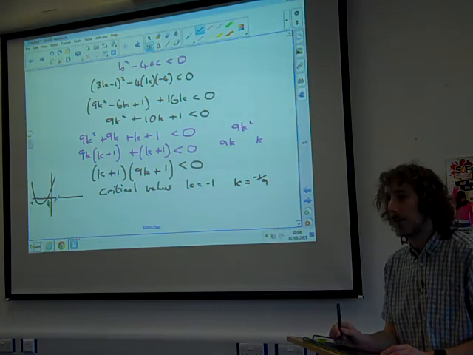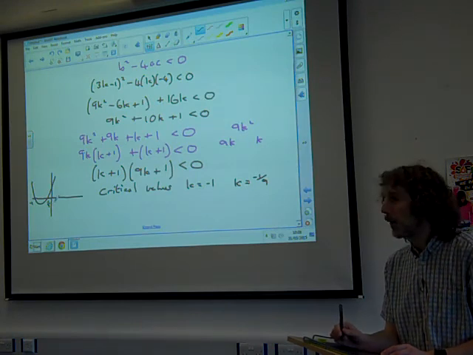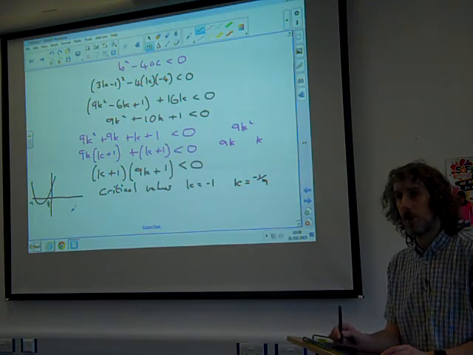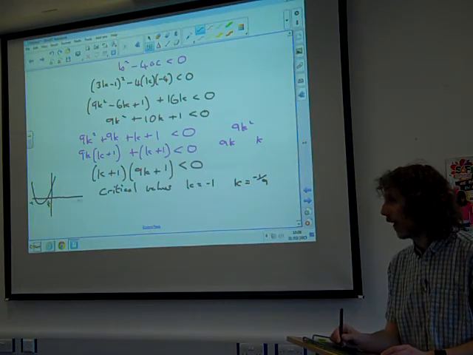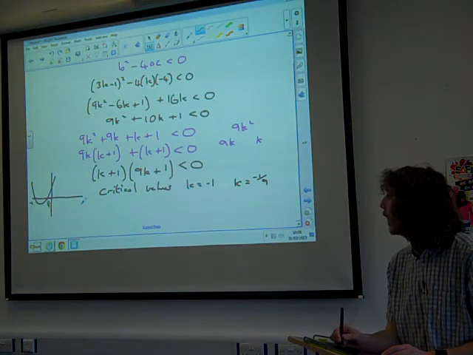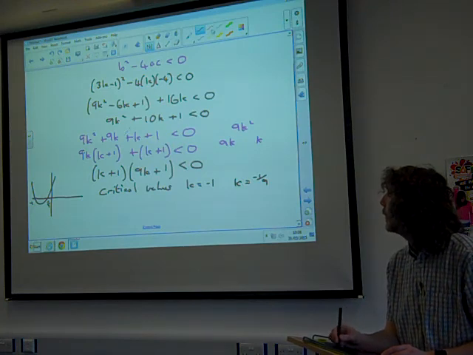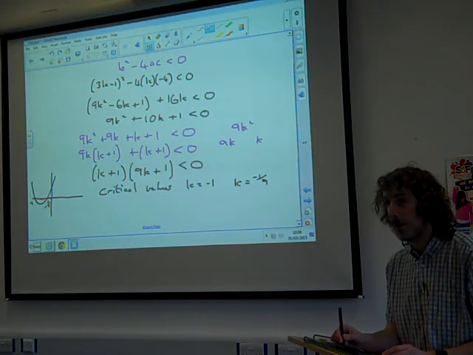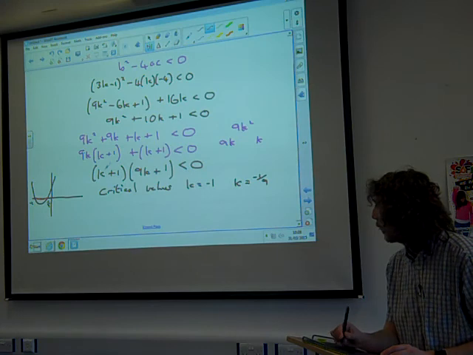I don't think you can read that. And we want to know when the graph is negative. When is it dipped underneath the horizontal axis? Well, it's dipped underneath between these values, hasn't it? In that range there, we've gone underneath the axis. So they're the values that we want.